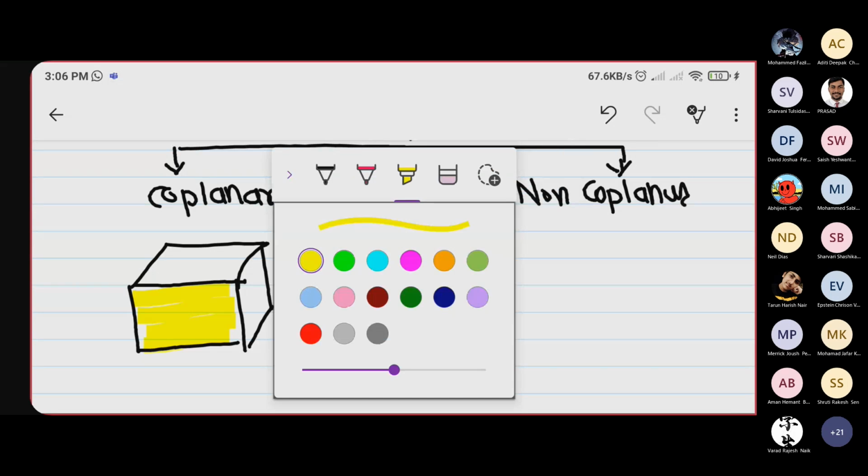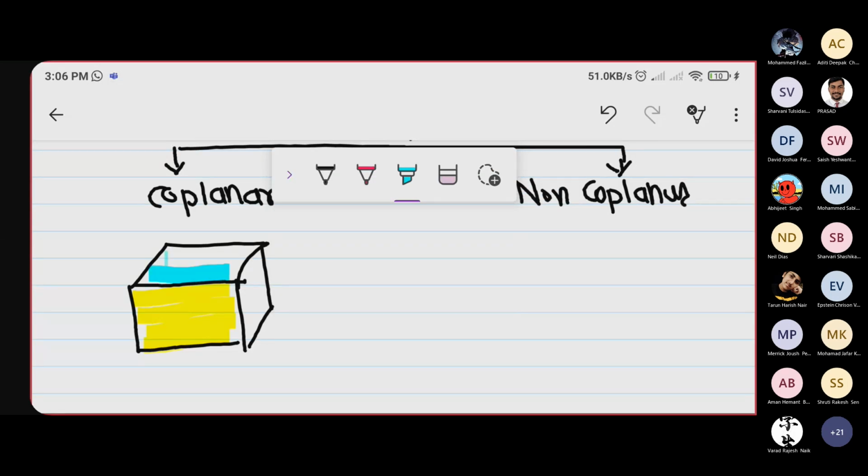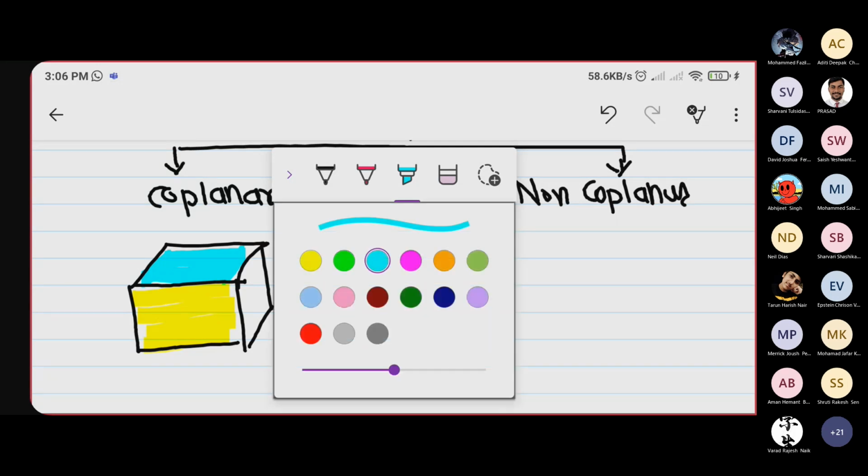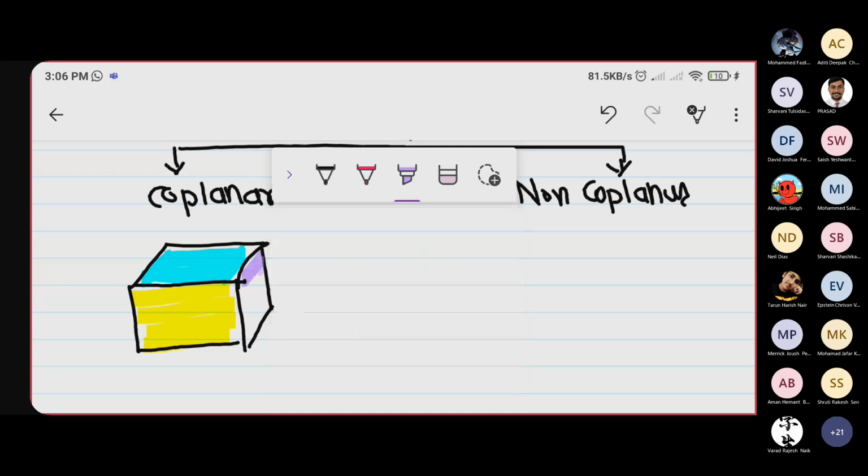This is another plane. So we can see three planes at a time, right? So a cube is a system where we can see all planes. So we are going to use those same planes.